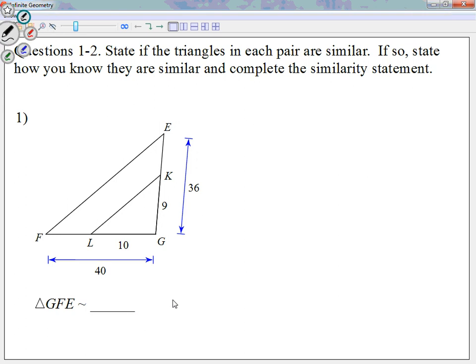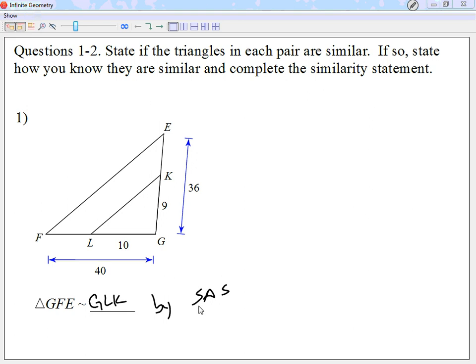So I'm going to complete this by side, angle, side. Notice my 2 sides were proportional, with the angle in between the sides. And I'm going to say GFE is similar to GLK by side, angle, side. Any questions on this one? Once again, there are 2 of these on the final.